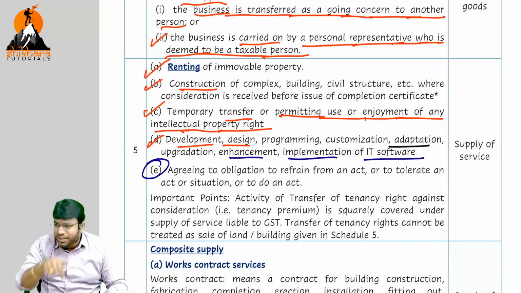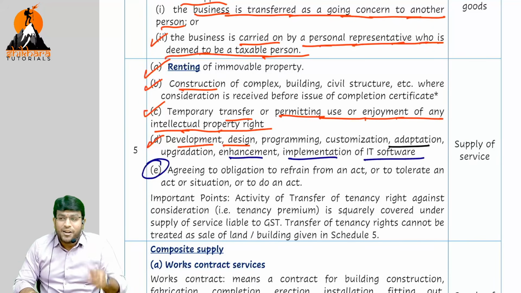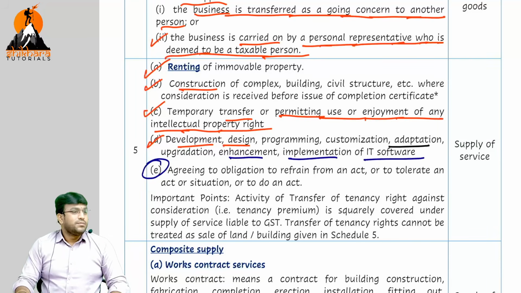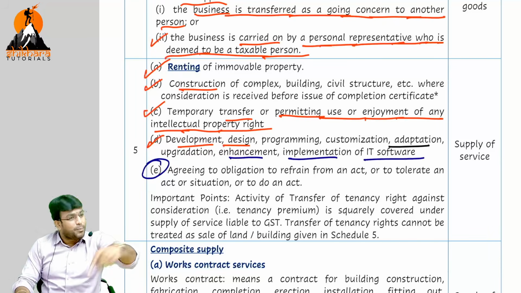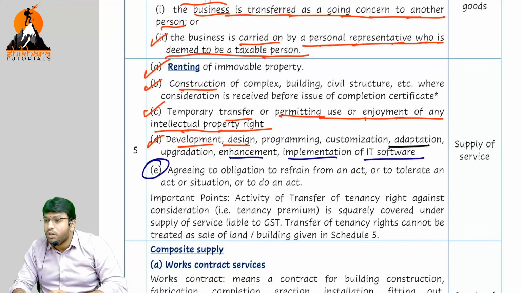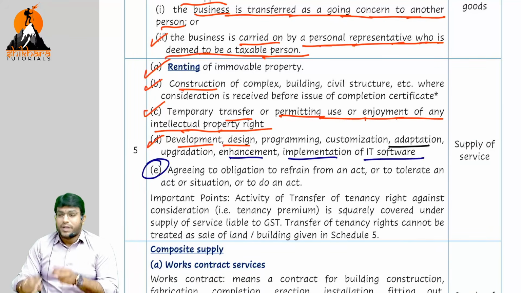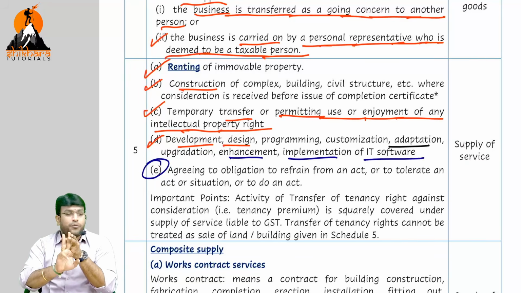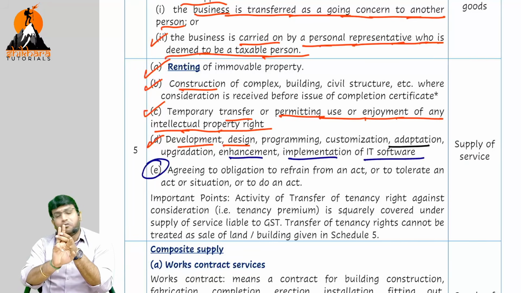Now, did he do something? Exactly. He did not do anything. And not doing something is also doing something. Not doing what you are supposed to do is also doing something only, no? Now, for example, there are 3 friends, sir. 2 are close friends. One more friend is there. These 2 friends are fighting like anything.